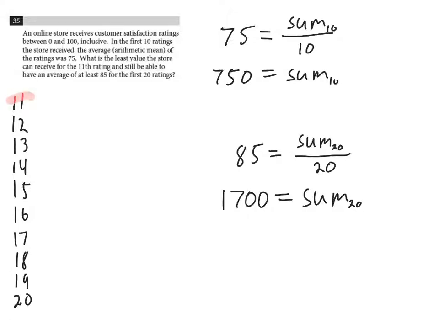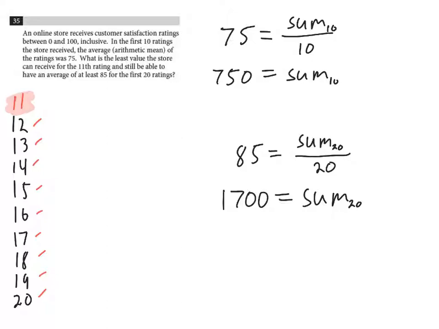If they get a really bad score on that, they've still got a ways to pick it back up, right? They still have 9 more reviews to raise their total average for the first 20.